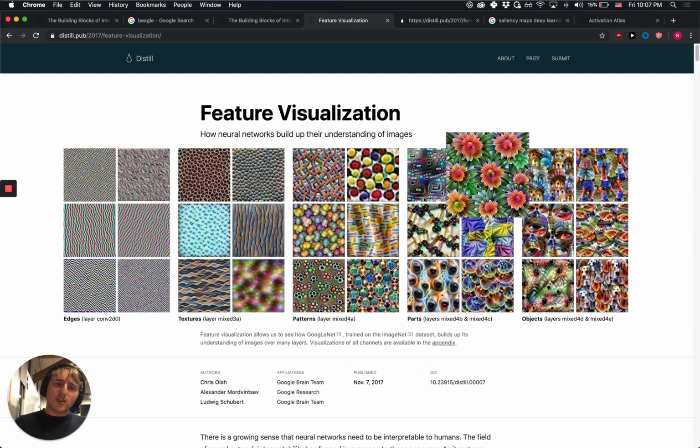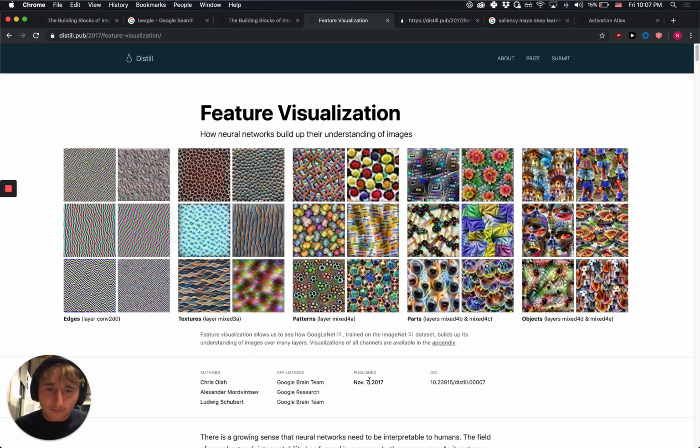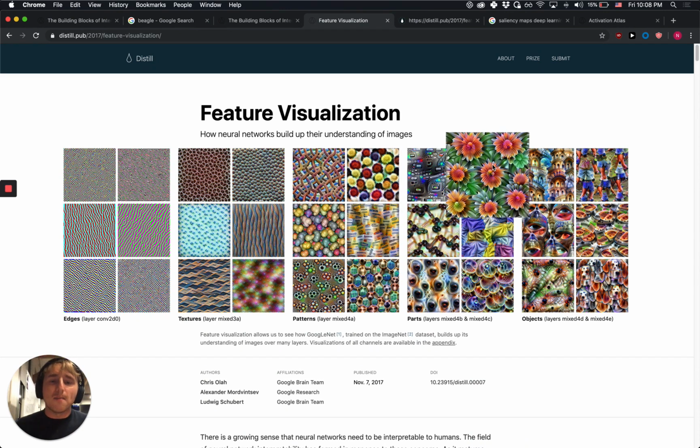I think this is partially influenced by a different technique called Deep Dream, published a year or so prior by some of the same authors, that didn't have this property. It didn't start with random noise; it started with an image. I think that caused a lot of people to think feature visualization starts with the original image, but it doesn't. It starts with random noise and optimizes from there. So you can really trust feature visualization. You can really trust that whatever it shows is what that neuron is actually looking for.